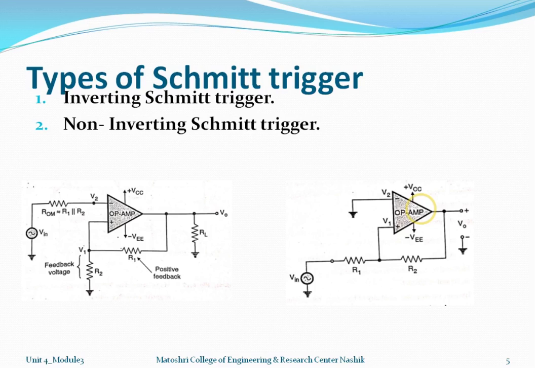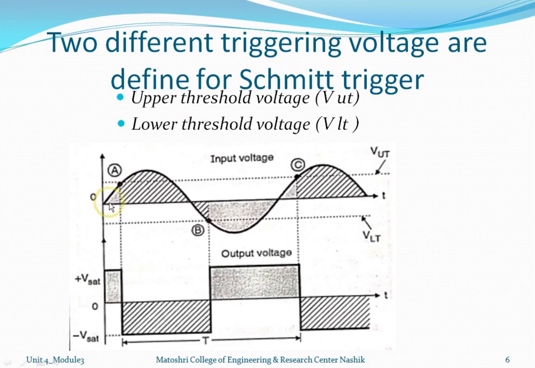In the case of the Schmitt trigger, there are two reference voltages, in other words two different triggering voltages, namely the upper threshold voltage VUT and the lower threshold voltage VLT. This is our input voltage, a sinusoidal input voltage, and this is the VUT, the upper threshold voltage, the first reference voltage.